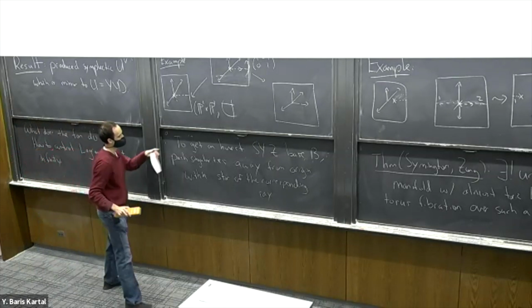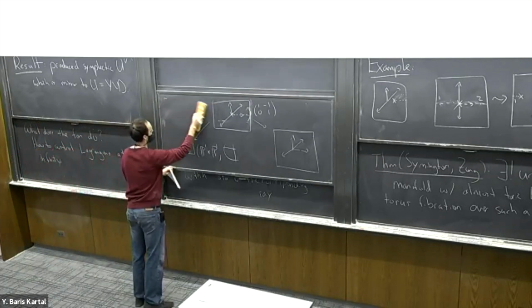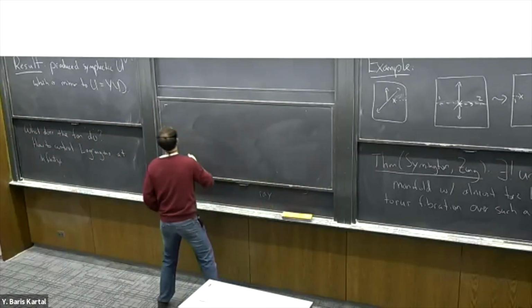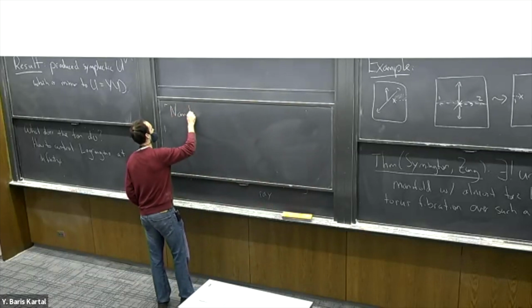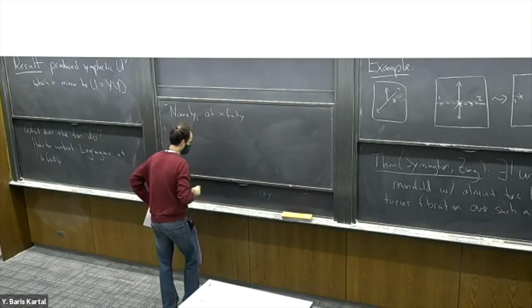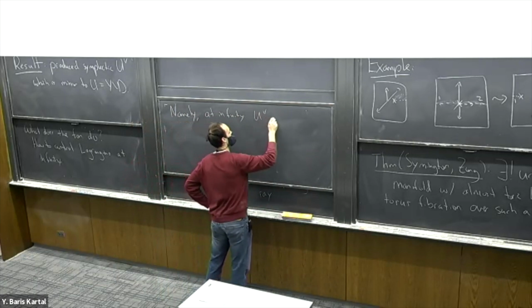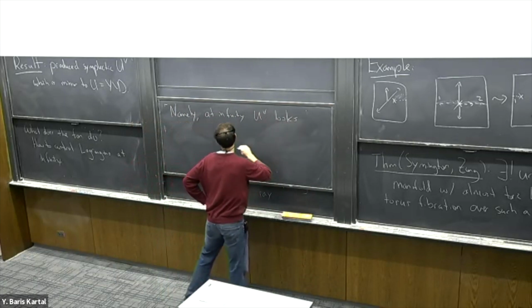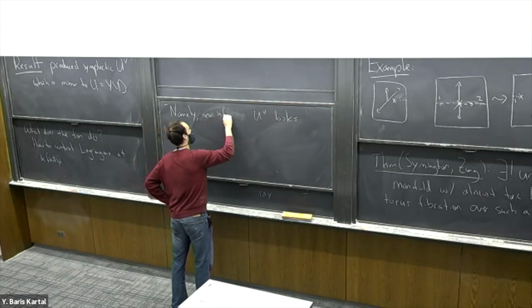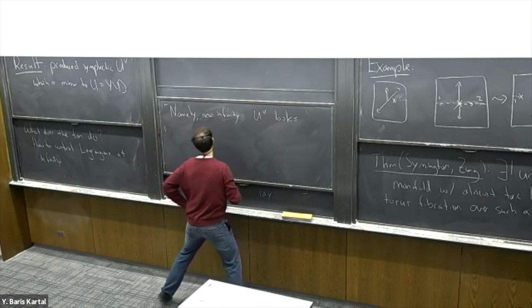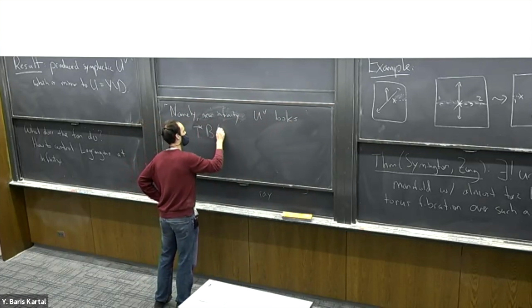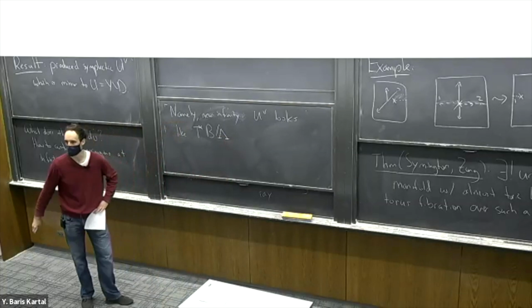Namely, at infinity, or near infinity I should say, it looks like the cotangent bundle of the base mod lattice.